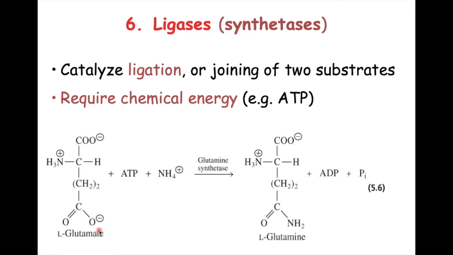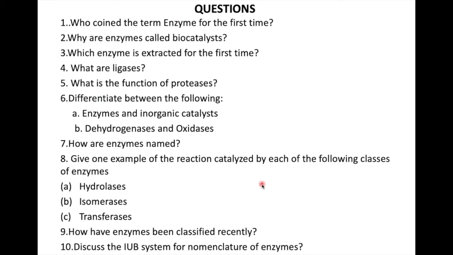This amino group is attached to glutamate, and it is converted into glutamine. This is known as synthesis, where one larger substrate is formed. This is all about the 6 classes of enzymes.